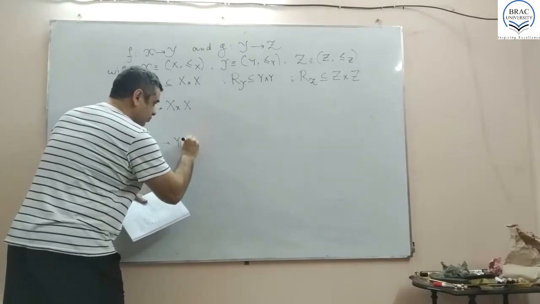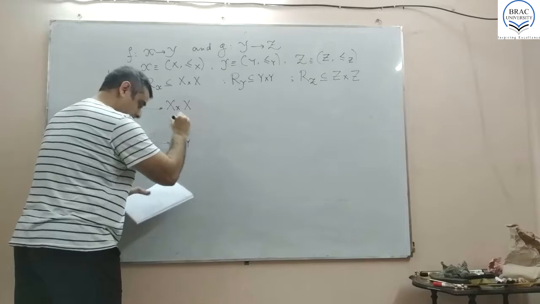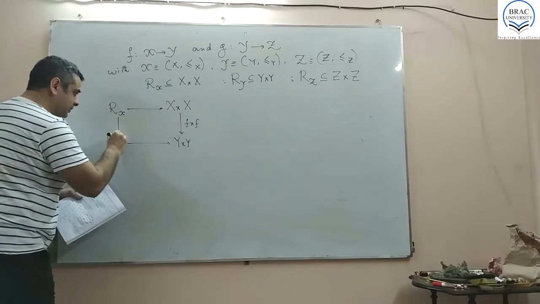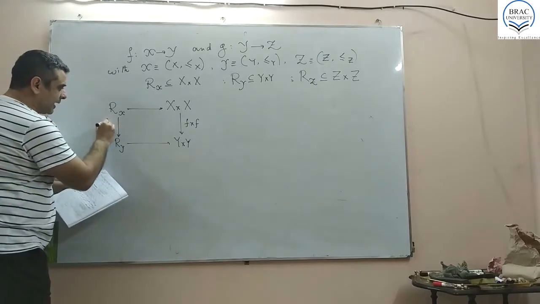This is Y cross Y, this map is simply F cross F, and we call this unique map H.